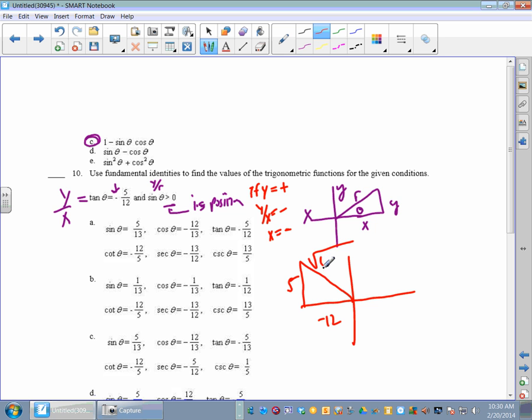What's the square root of negative 12 squared plus 5 squared? 13. And there's theta. So you have to figure out which ratios these are. And it looks like, is it A? Looks like A. All right.